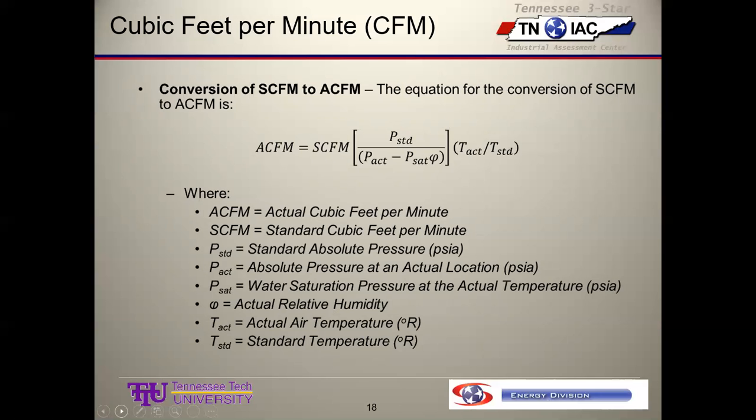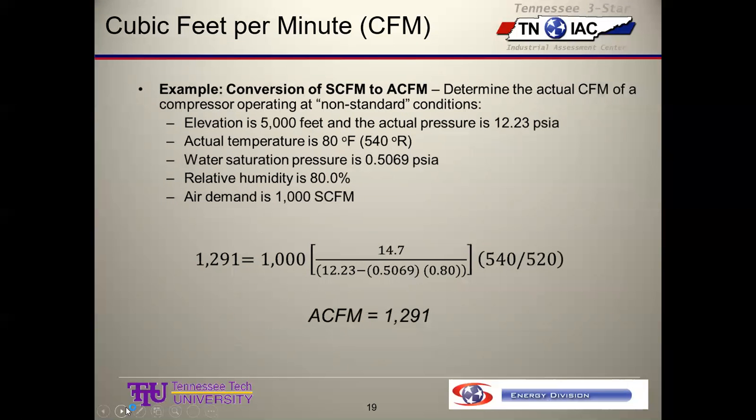So if we have an SCFM, we multiply it by the standard pressure, absolute PSIA, divided by the actual pressure, PSIA, minus the water saturation pressure at the actual temperature times phi, the relative humidity, and then multiply that by the ratio of T actual to T standard, and those have to be in absolute temperature, so degrees Rankine or degrees Kelvin. And I think we've got a little example here.